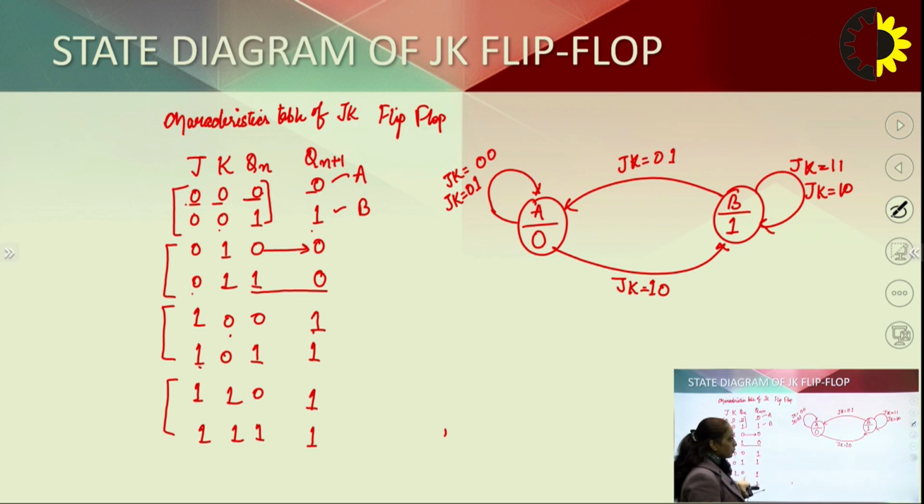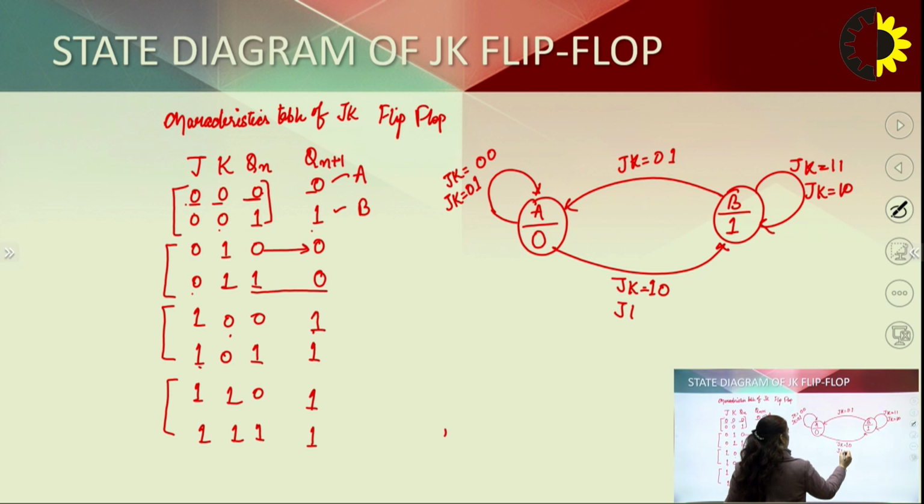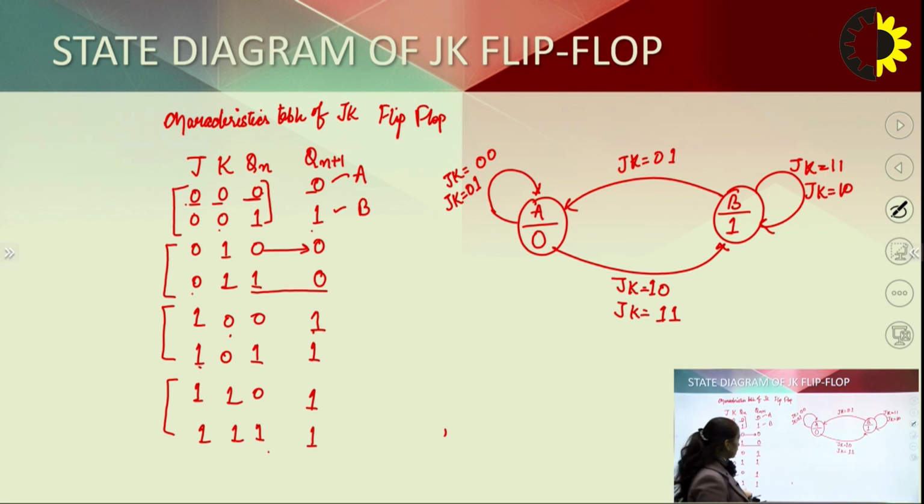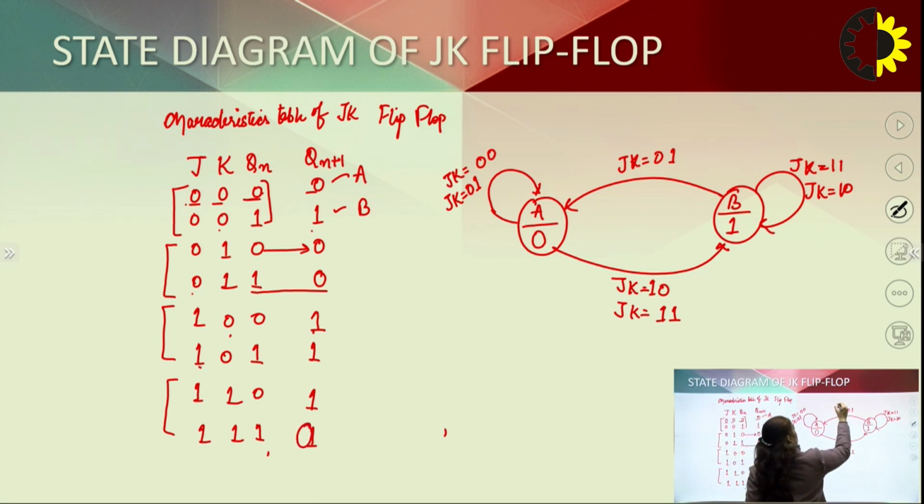From 0 state to 1 state, here the next possible value is 1 1, and in the last case from 1 1, the output should be 0, it is toggled from 1 to 0. So here the next possible value is 1 1.